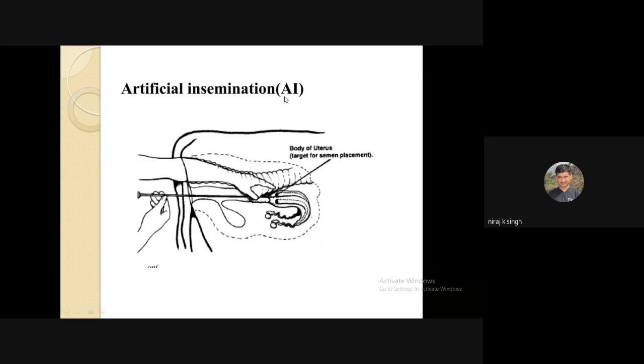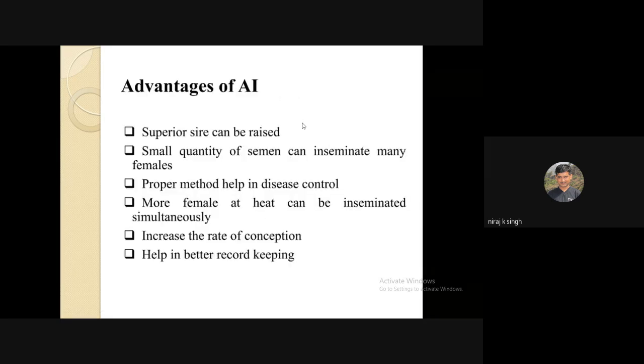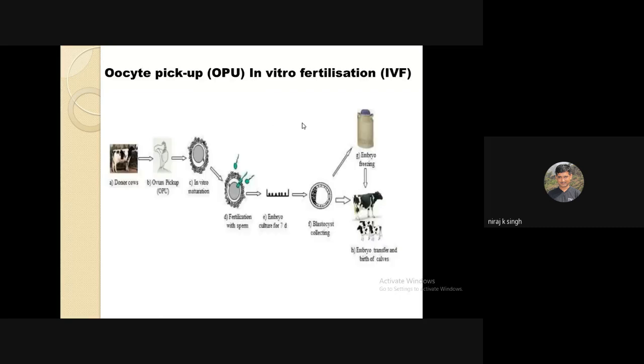Almost all animals have some contamination of genetic material from exotic breeds due to artificial insemination. Due to artificial insemination, of course, we have improved our milk productivity, but at the same time, we have lost our own genetic material. So this is the advantage and disadvantage of artificial insemination.